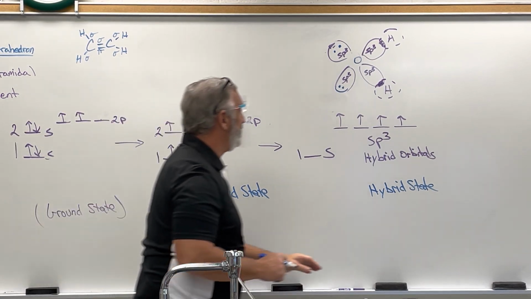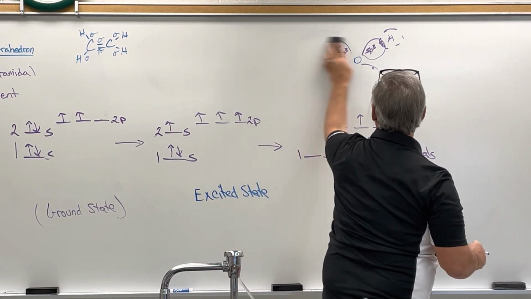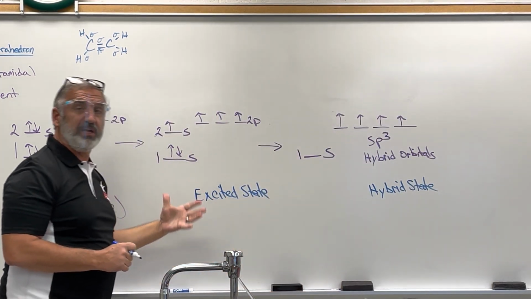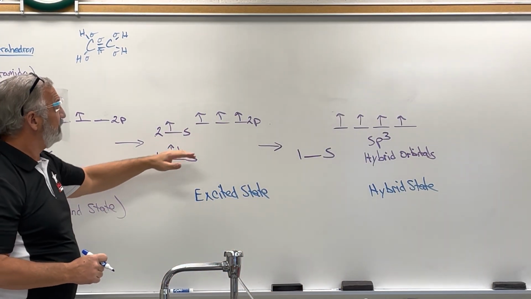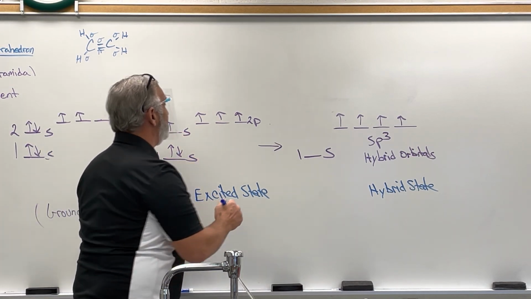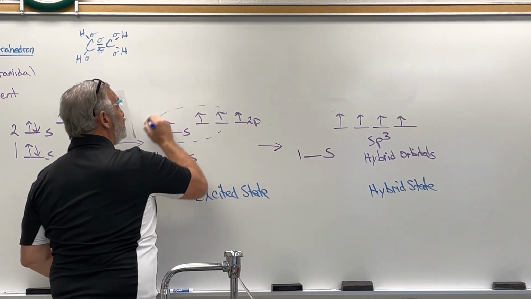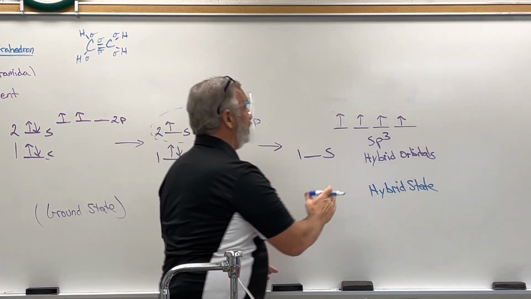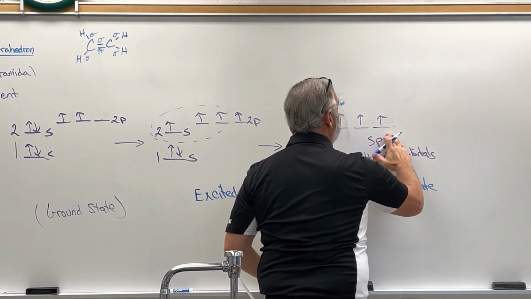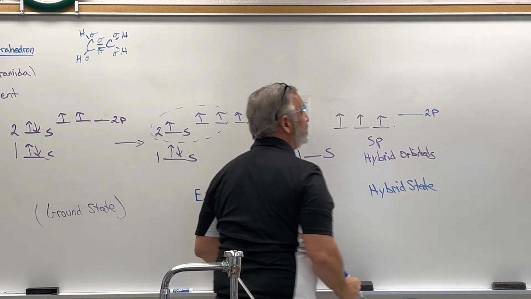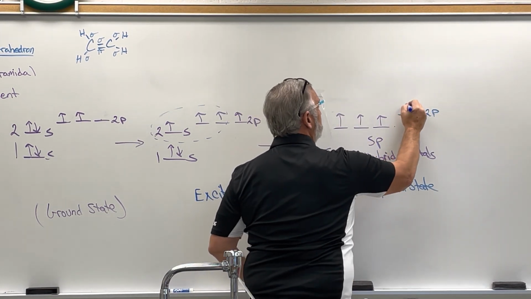So I can't have all 3 of my p orbitals hybridizing, because a hybrid orbital can't form a pi bond. So this time we're going to only take an s and 2 of the p's, and we're going to end up having 1 2p orbital left over with 1 electron in it.